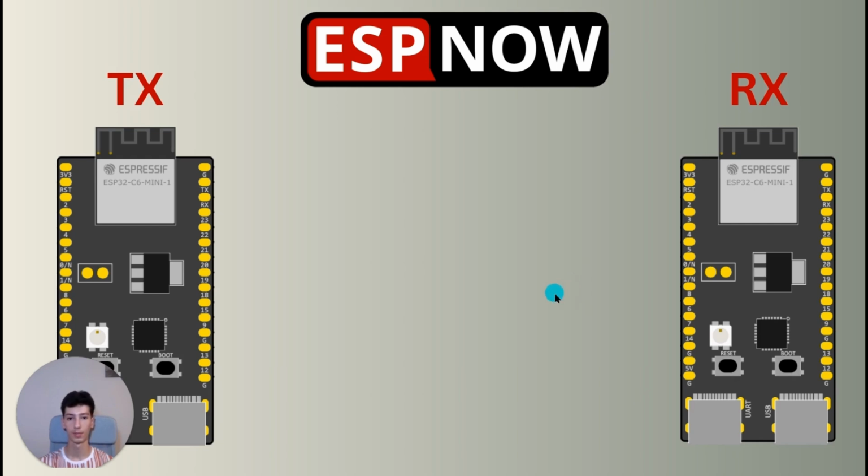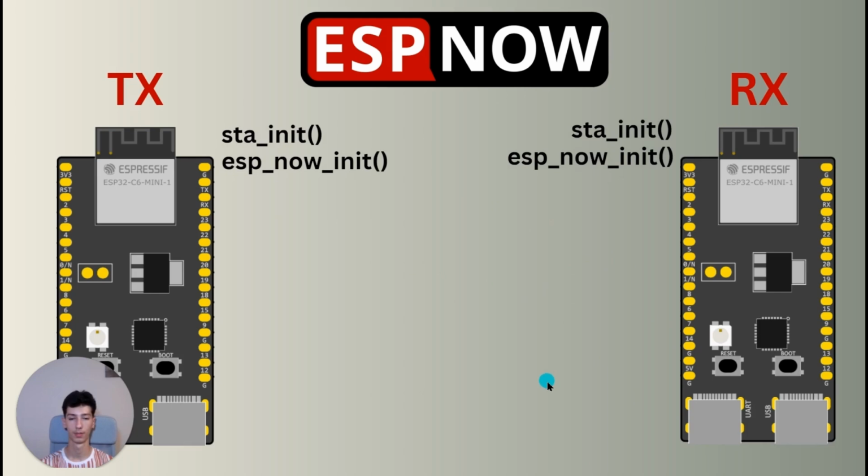Let me show you what functions you'll need for this project. First, you need to initialize the TCP/IP stack, obviously, so we'll set them as a station. Then we need to initialize the ESP-NOW protocol. Now we need to set a callback function, which will be triggered after the transmission and after the reception of the data.